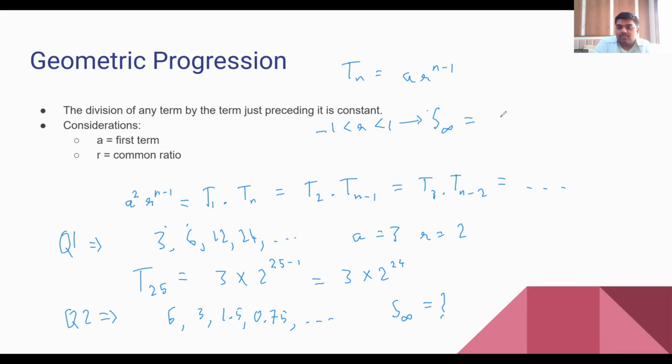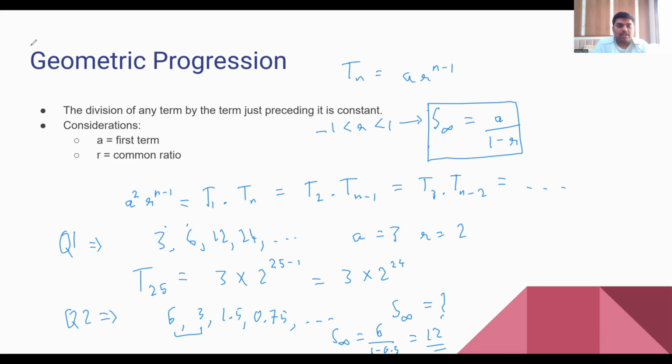S infinite is equal to A upon 1 minus R. So the sum of infinite terms of the GP here is equal to, what is the first term? 6, divided by, what is the common ratio? 0.5, so 6 upon 1 minus 0.5, which is equal to 12. So this is pretty much it about the GP.